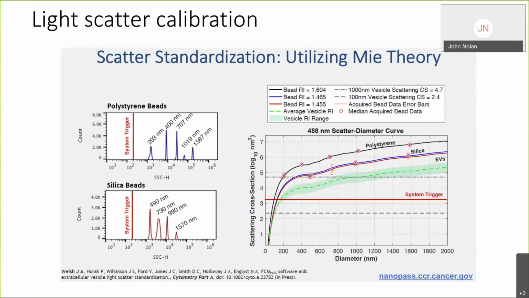However, scatter is complicated, but it's also reasonably well understood, and it's possible to use the principles of light scatter to develop models that predict what the scatter would be expected from a low refractive index particle like a vesicle. And there is software available to do this.